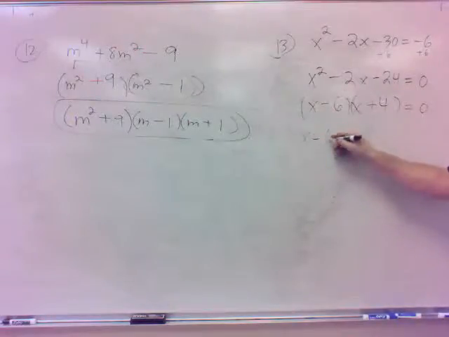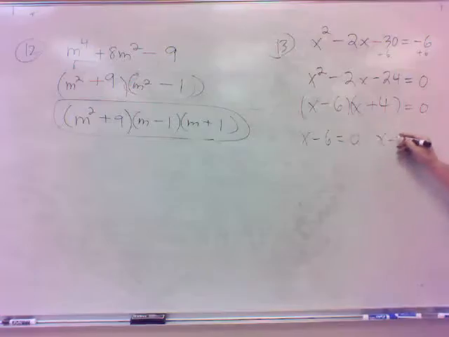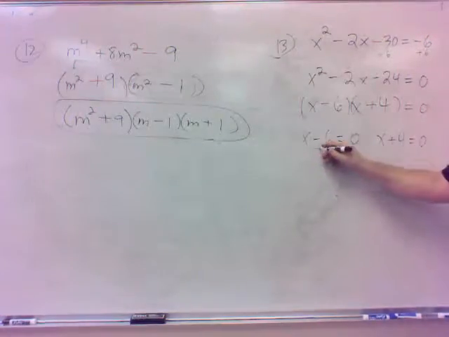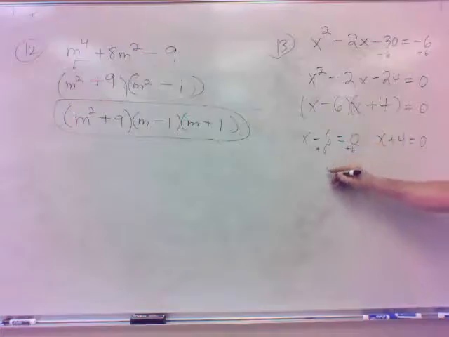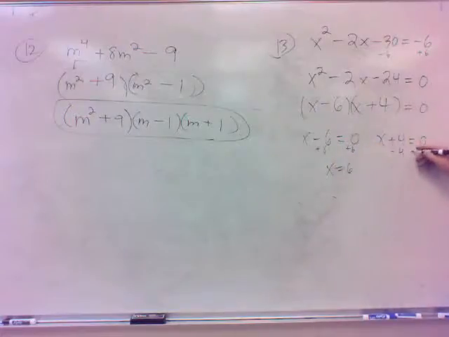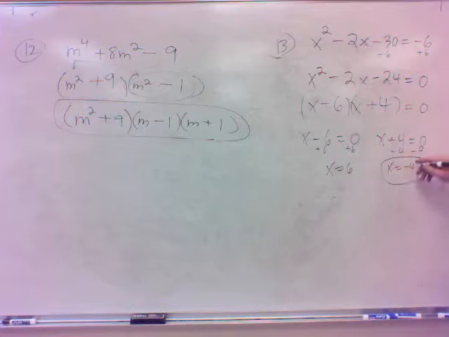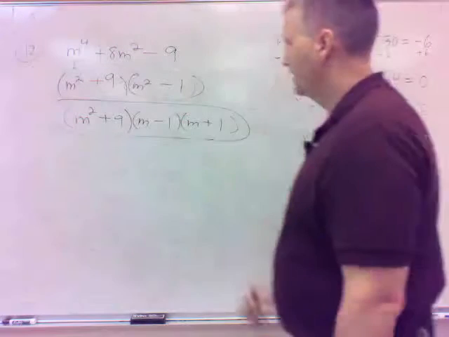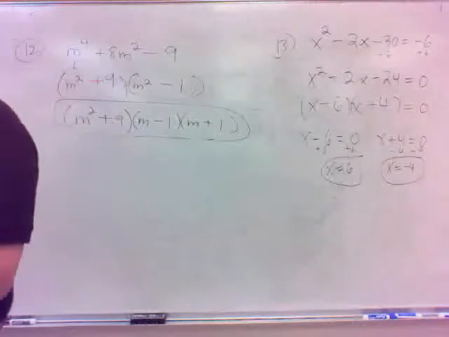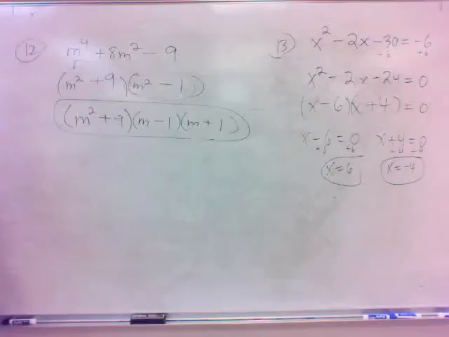Just set each individual factor to 0. And then solve accordingly. Here, I just add 6, so I get x is 6. Here, I would subtract 4, and x is negative 4. All right, so some of those equations can utilize factoring.